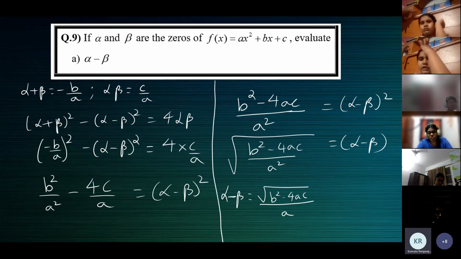Write down, children. Before you start, please write out f of x. First write f of x is equal to ax square plus bx plus c, and then write down whatever you see on the screen.